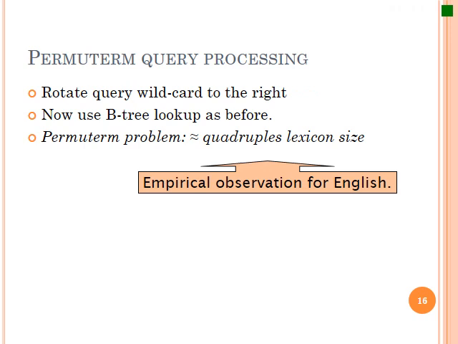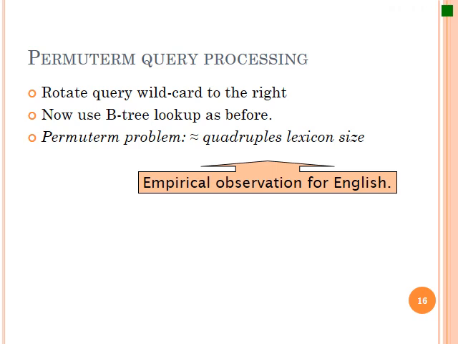So here's how you process the wildcard using the permuterm index. You rotate the query wildcard to the right, then you use a B tree to look up as before. But the problem here is that with the permuterm index, the lexicon becomes quadruple the size, meaning four times the original size.